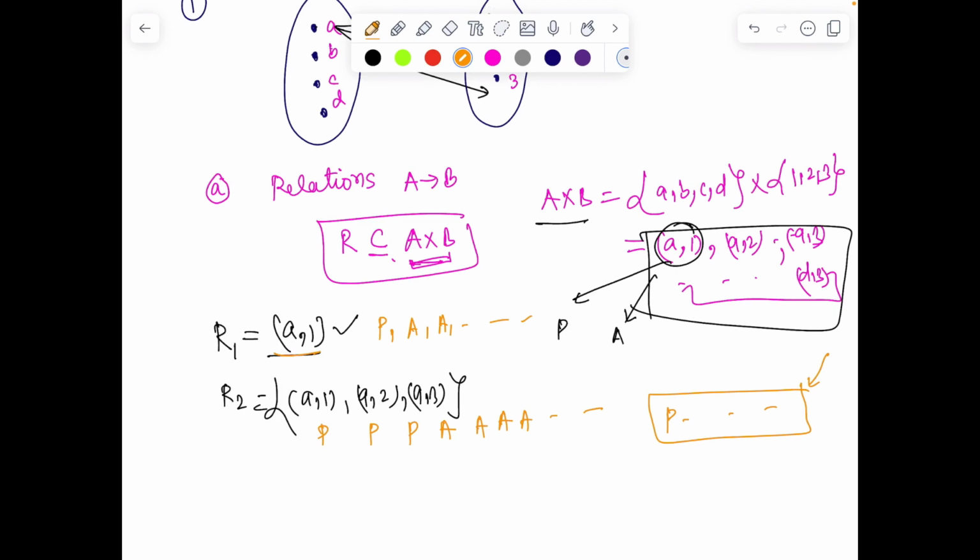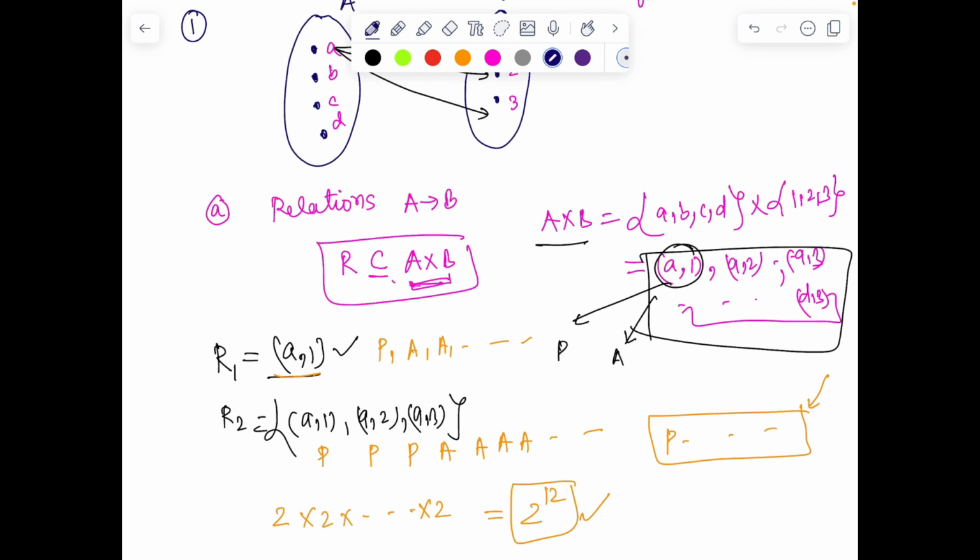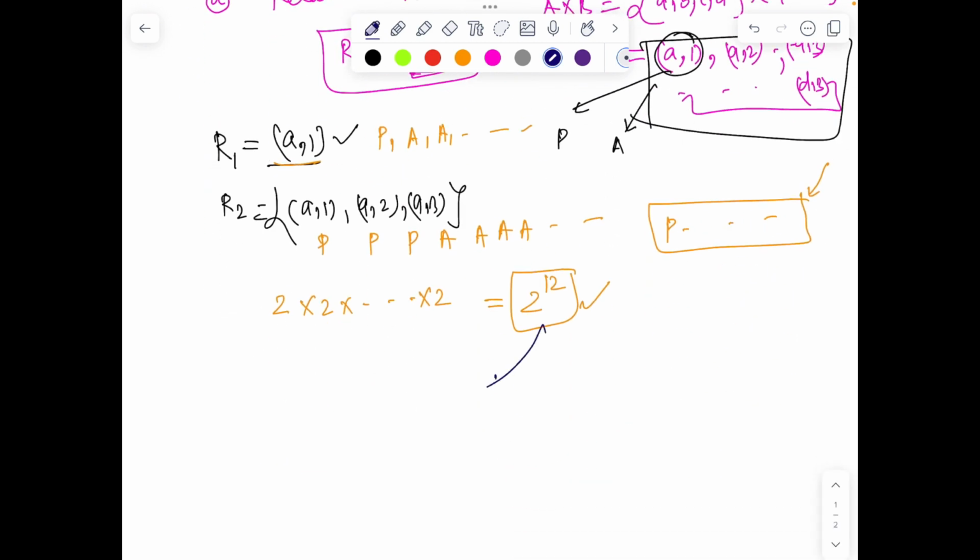It's very easy because for every object, A, 1 and A, 2 and so on, we have 2 choices. So in total we have 2 into 2 into 2, 12 times. Hence the total number of relations operating from A to B is 2 raised to the power 12. Of course this also constitutes functions plus something extra which are not functions.